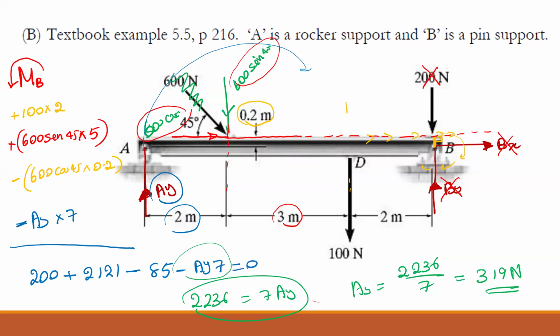So please, if you don't understand, that means you don't know how to take moments. I think forces are fine with you, but moment is something that you need to practice, finding moments. So are you guys okay, or do you want me to go through again and show you how to find moments?